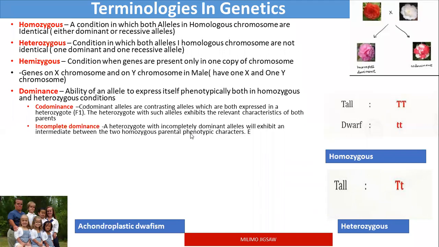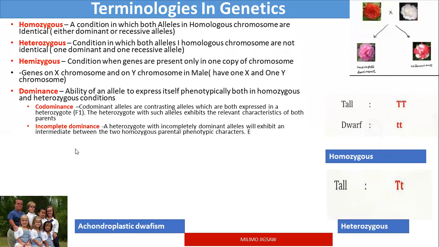When these two are crossed, if there's incomplete dominance, what will be expressed is an intermediate. So instead of being red or white, the flowers are going to be pink. So that's incomplete dominance. It has taken an intermediate between these two homozygous parental phenotypic characters.